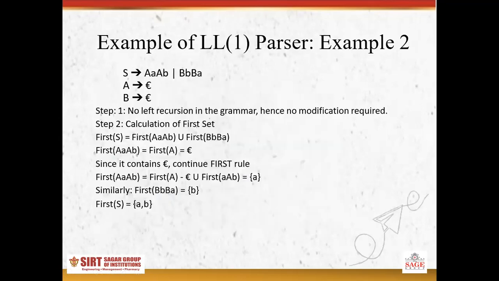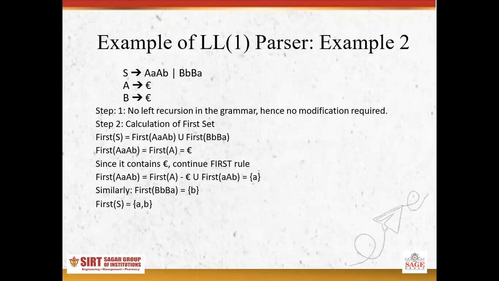Here are more examples given for the LL(1) parser. Sometimes in the table we have more than one entry for a production. It means that the given grammar is not an LL(1) grammar. In this example, you have to analyze the given grammar.